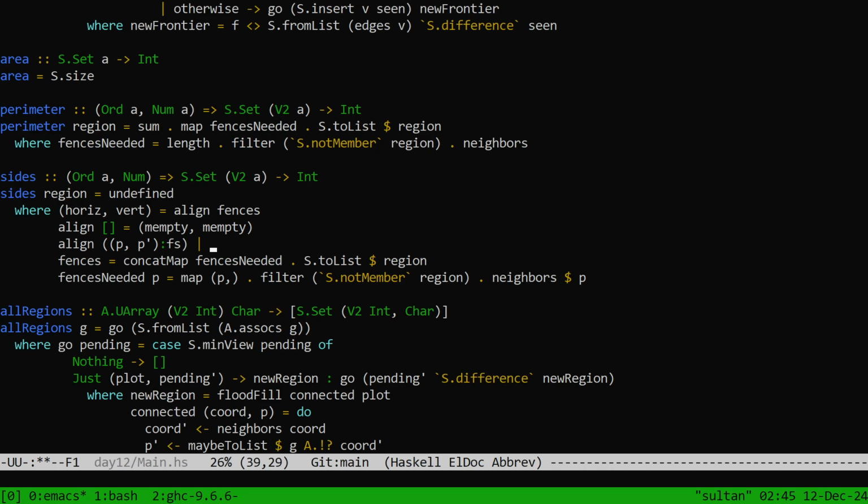Okay, let's just destructure these here, I guess. V2 of Y1, X1, and V2 of Y2, X2.